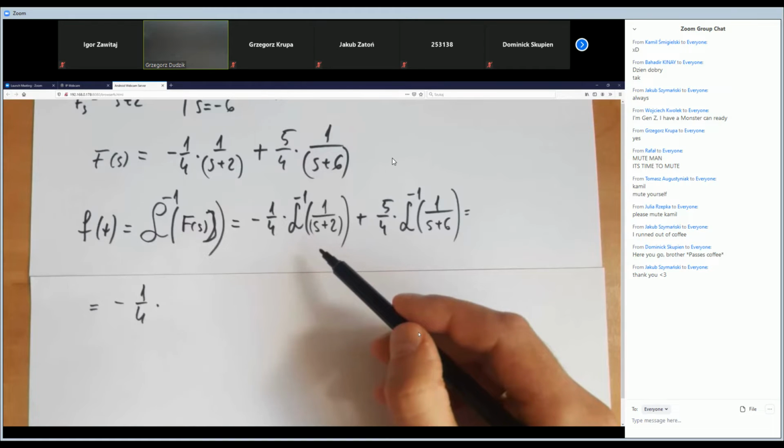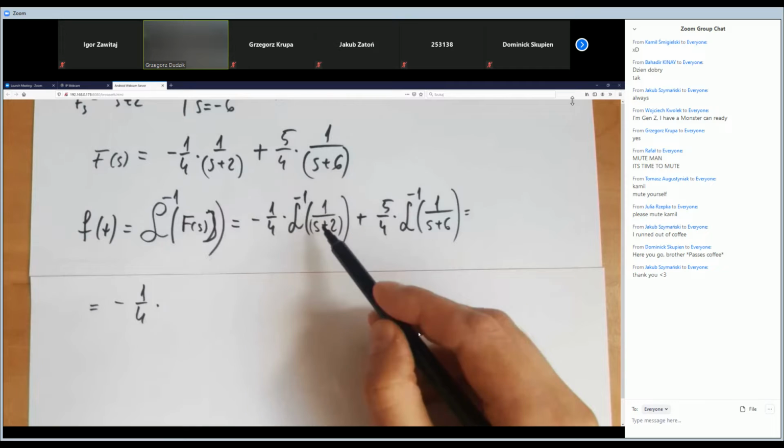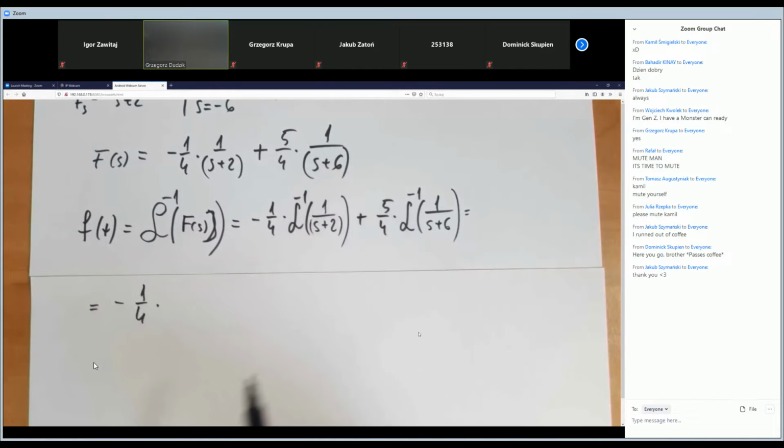What function in the time domain gave us the Laplace function equal to 1/(s plus a)? Do you remember? e to the minus a times t. Yeah, that's right.